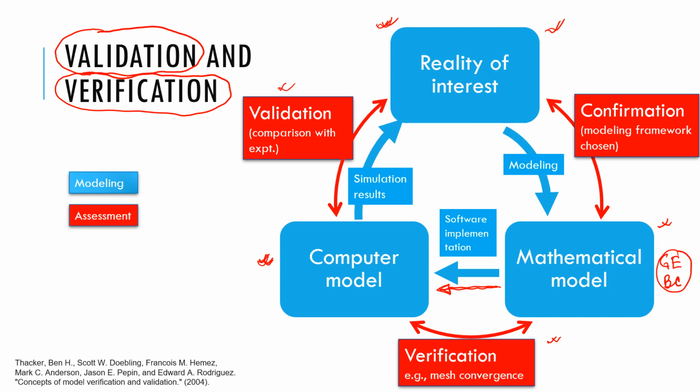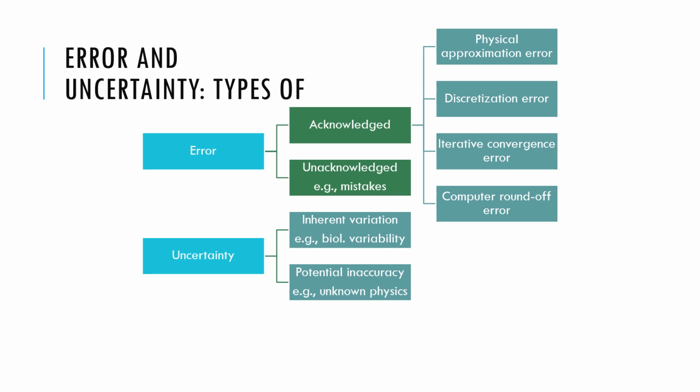Now in this modeling process, of course, there are errors and there are uncertainties. So we're going to look at those two next. Let's break down error and uncertainty. Error can be, for example, physical approximation error, that's the difference between reality and its mathematical representation.